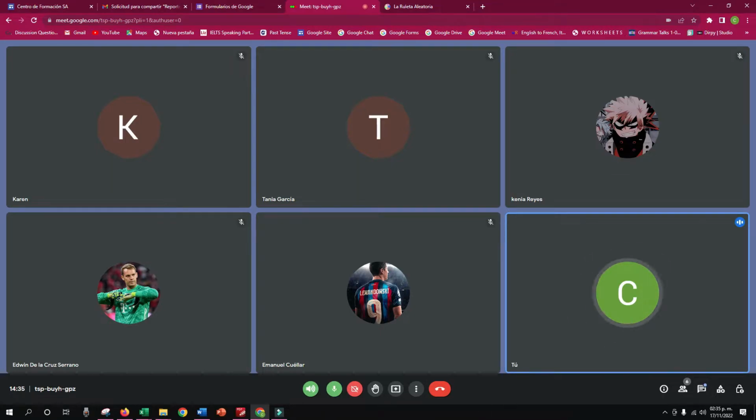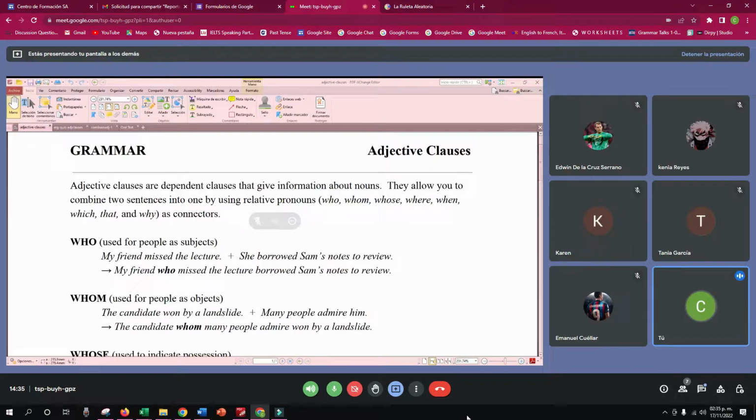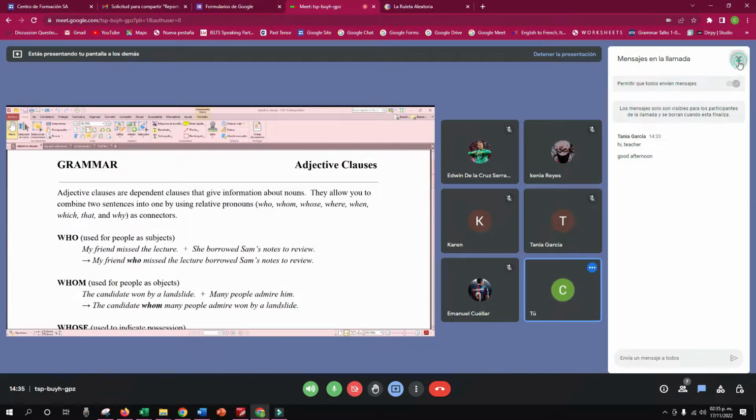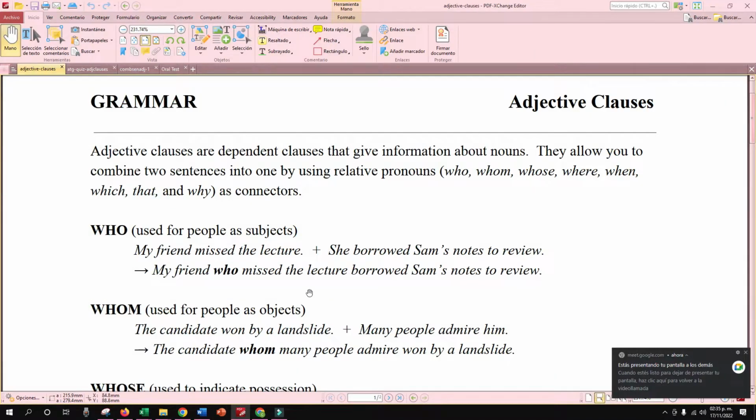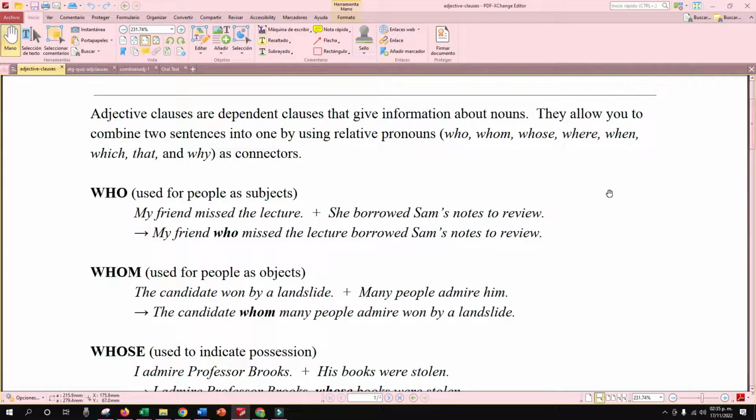So right now I will share. There you have these: grammar and adjective clauses. We're going to review a little bit about adjective clauses. It says grammar and adjective clauses. But what is an adjective clause?